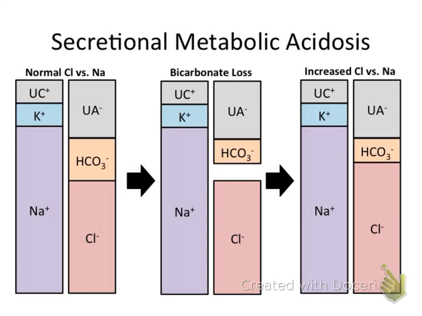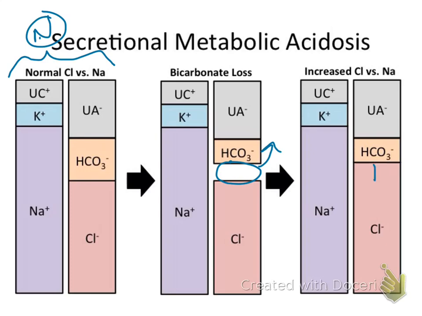The other acid-base disturbance that alters sodium and chloride's relationship is a secretional metabolic acidosis. The two left bars again represent a normal acid-base status. When bicarbonate is lost from the body, its concentration decreases.